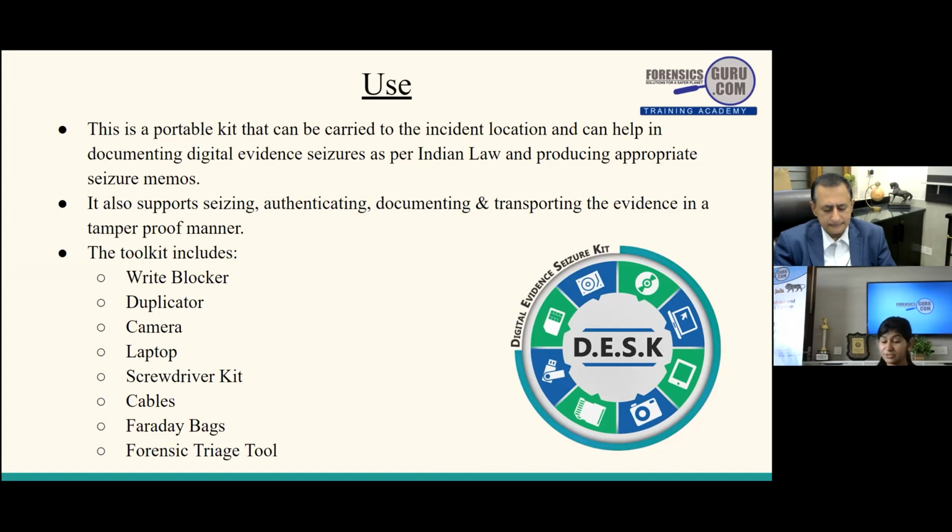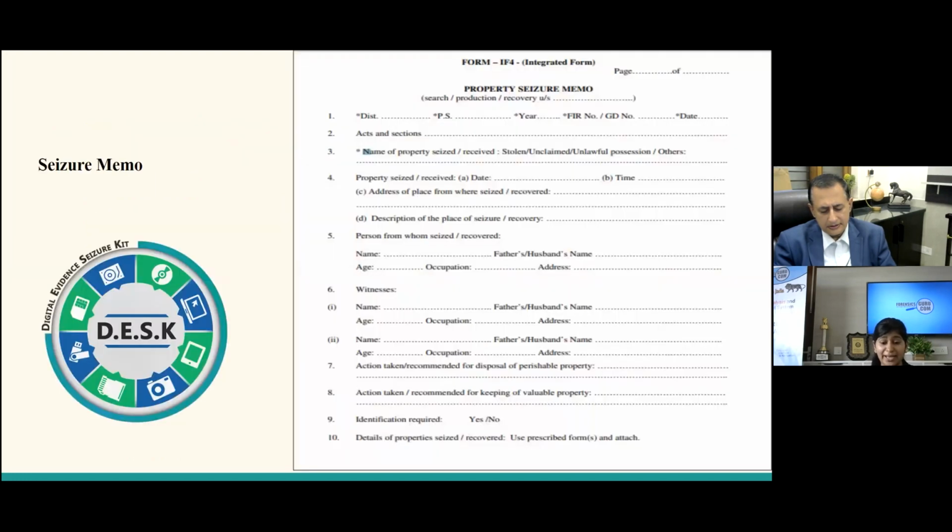So और भी जो चीजें इसमें include करने की जरूरत पड़ती है based on the situation, based on the person who is going to use it, वो चीजें इसमें include की जाती हैं. Alright, so you can have a look at the digital evidence seizure kit on your screen.